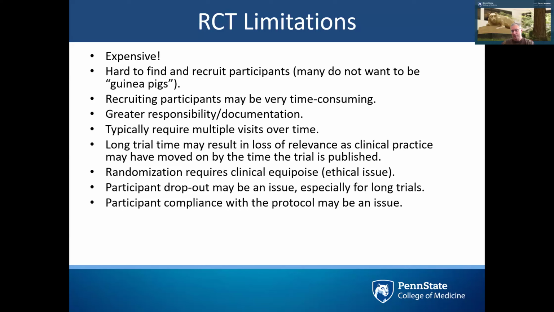So this is an ethical issue. In some cases, like my example of placebo, is it ethical to randomize a person to placebo, especially if they have a very debilitating disease? Participants may drop out. It could be an issue, especially for long trials, and compliance to the protocol could be an issue.